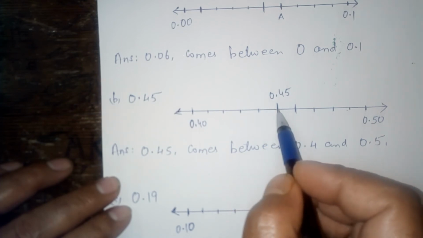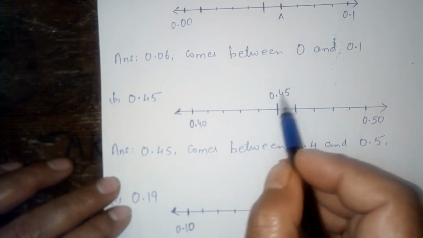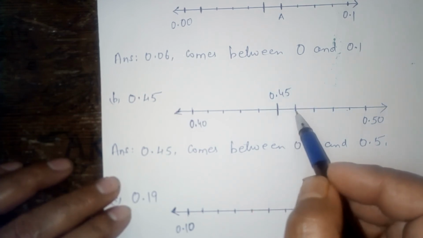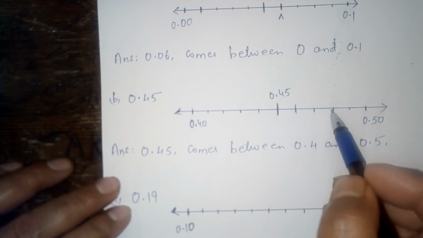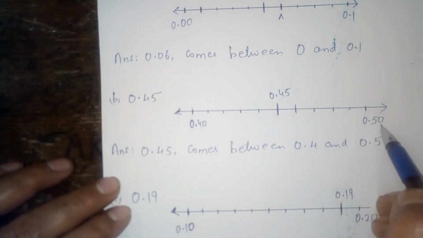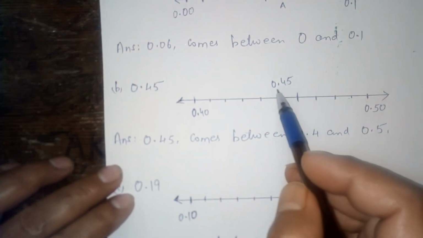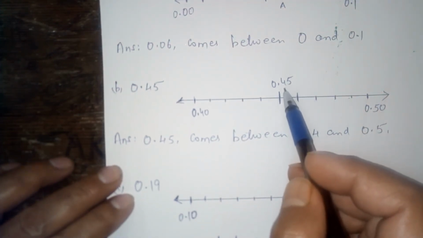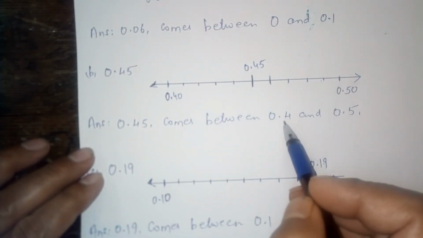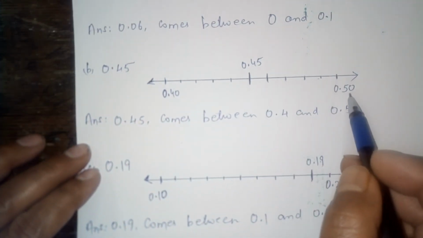This is 0.45. 0.46, 0.47, 0.48, 0.49, and this is 0.5. The meaning is 0.45 lies between 0.4 and 0.5.